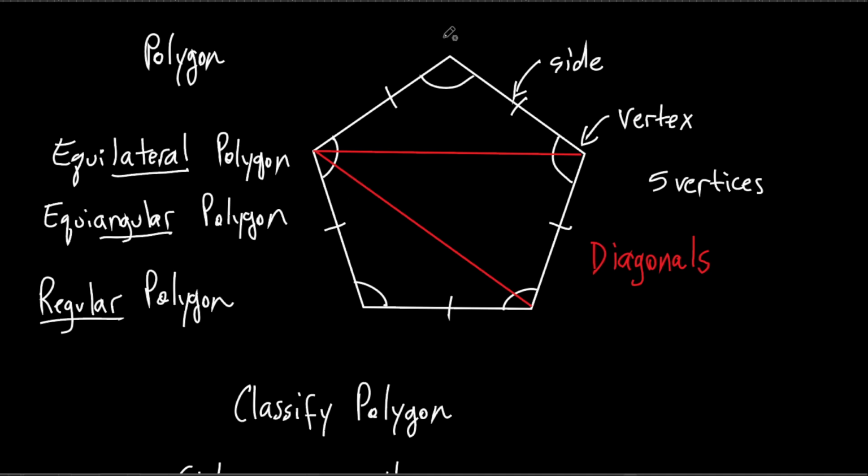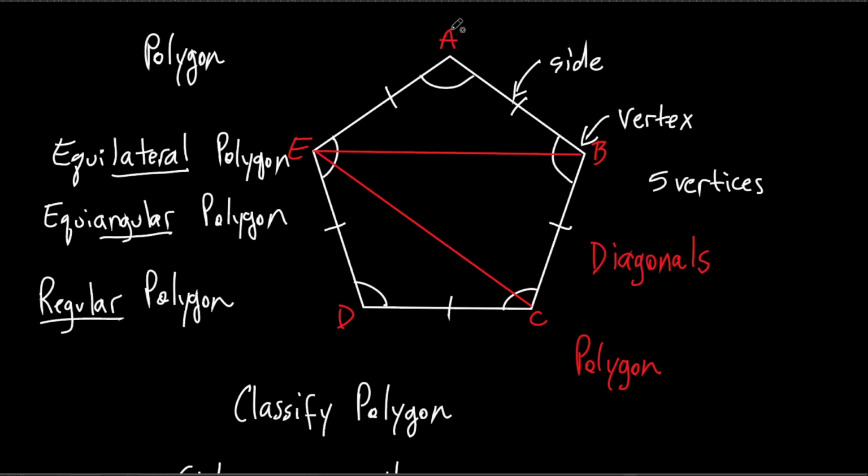Also, one more thing and we'll be finished, I promise. How do we name a polygon? Well, we name it by its vertices. We don't have a symbol or any kind of notation. We just write the word polygon, and then you would write it. It doesn't matter which one you start with. You don't have to start with the first letter of the alphabet.